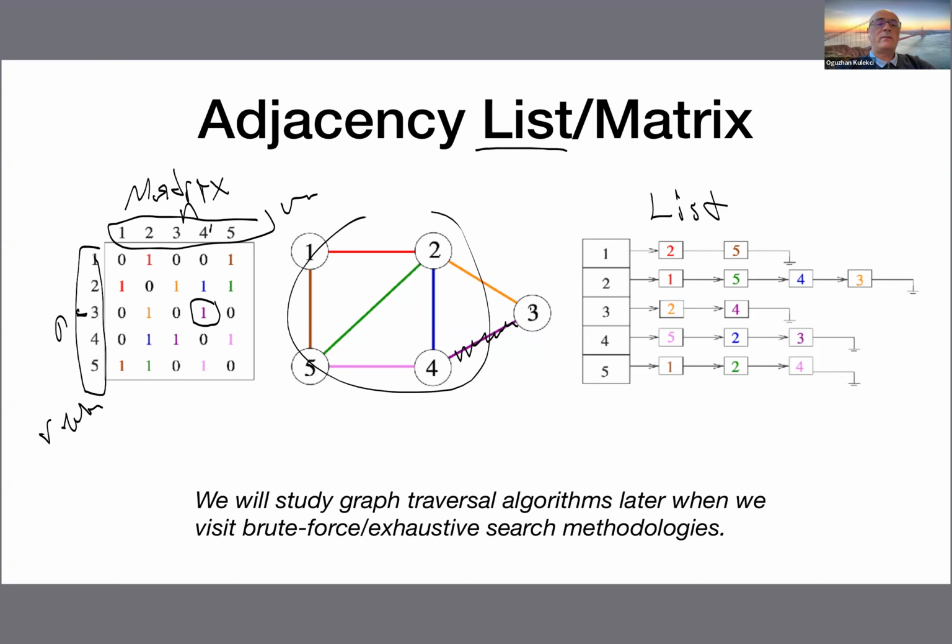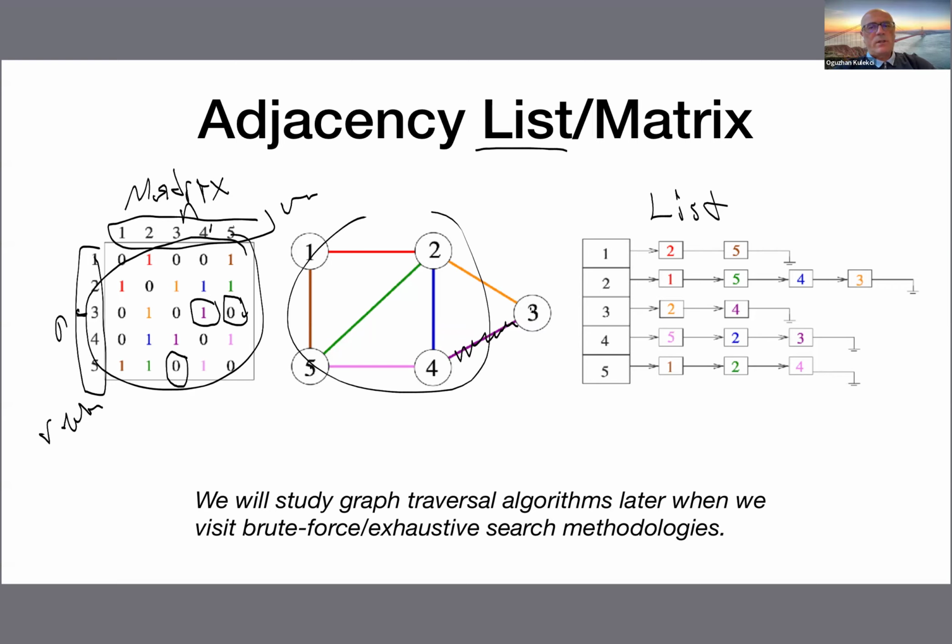On the other hand, 3 is not connected to 5, so you have 0 there. This is a matrix. What is good about the adjacency matrix? You can immediately check the connection between 2 vertices. I just find the corresponding column and row, and then check it.